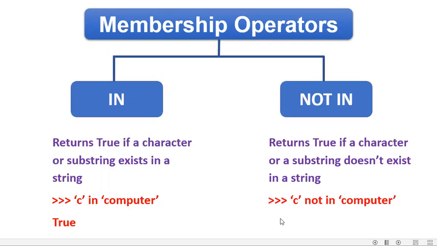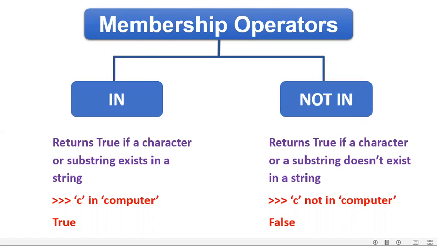Similarly, if I check C not in computer, I am checking the unavailability of the C character in my string computer, and I'll get the result false. Why? Because C is a member of the computer string, and I am writing that it is not a member of computer. So I got the result false.